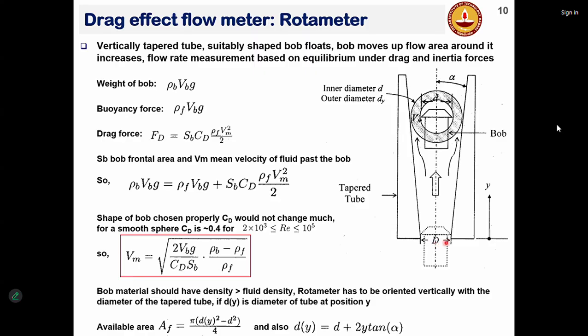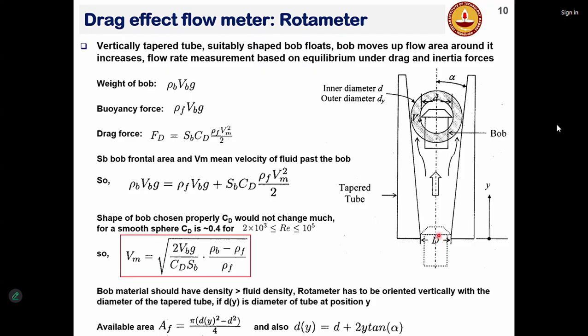Now, depending on the flow rate, if there is no flow, the bob will be sitting just at the bottom of this tapered tube. And typically these rotameters are installed in a vertical configuration. So if there is no flow, then it is sitting at the bottom of the tapered tube.